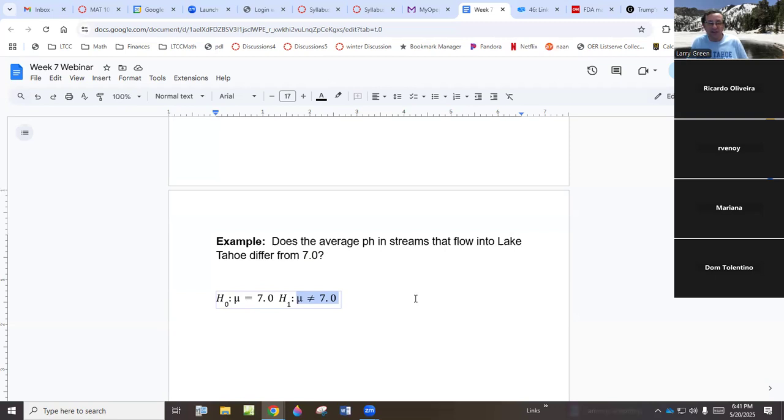So use not equal to. If you don't know how to type the not equal sign, you can write not equal, and I'll accept that on your exams and on your discussion posts, if that makes sense.